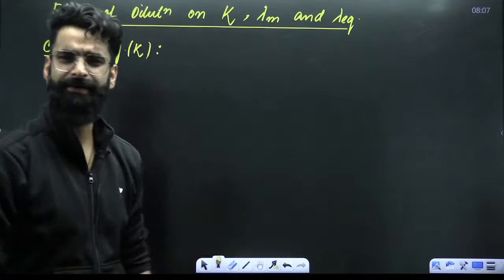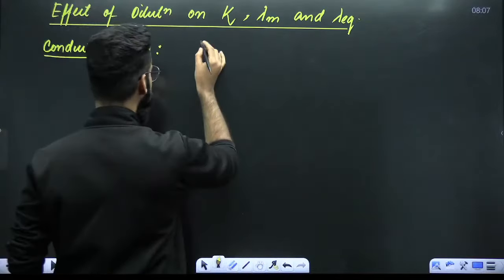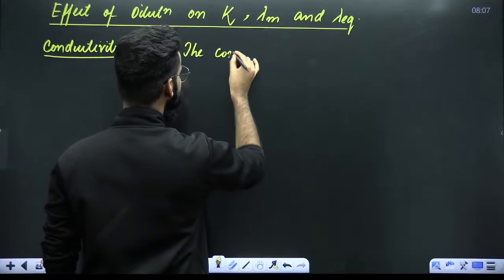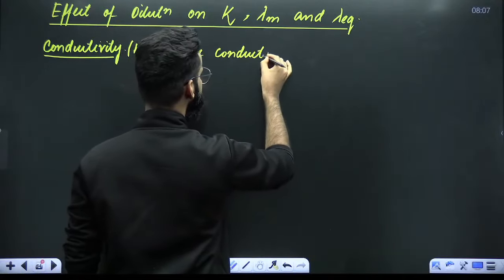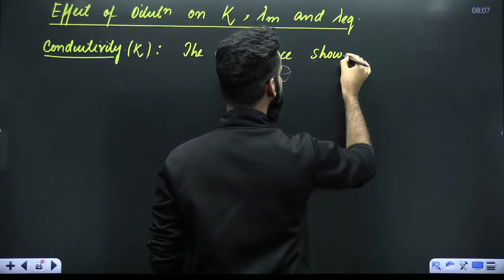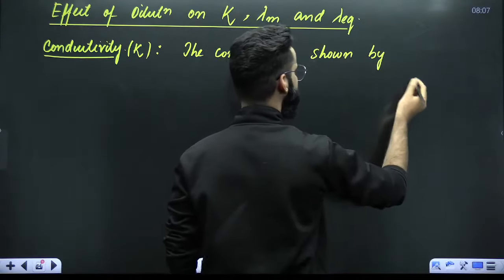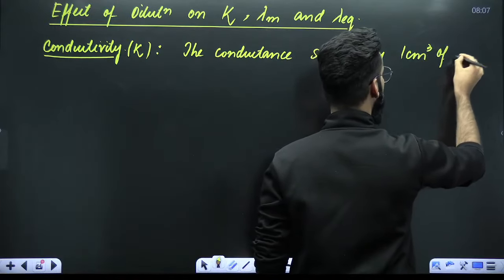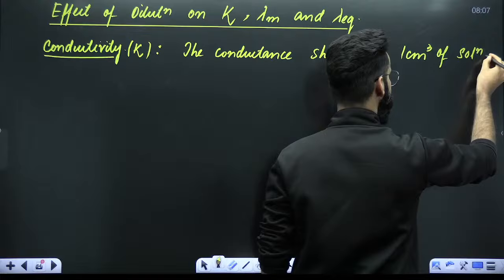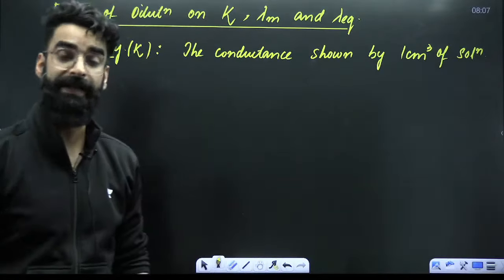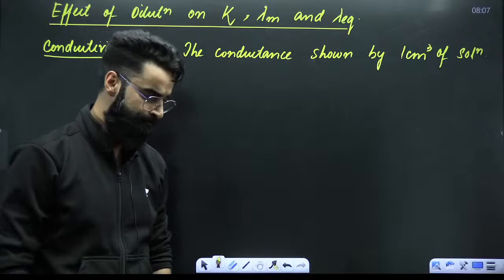Conductivity was defined as the conductance shown by 1 centimeter cube of an electrolytic solution, right? The conductance shown by 1 centimeter cube of electrolytic solution, correct?